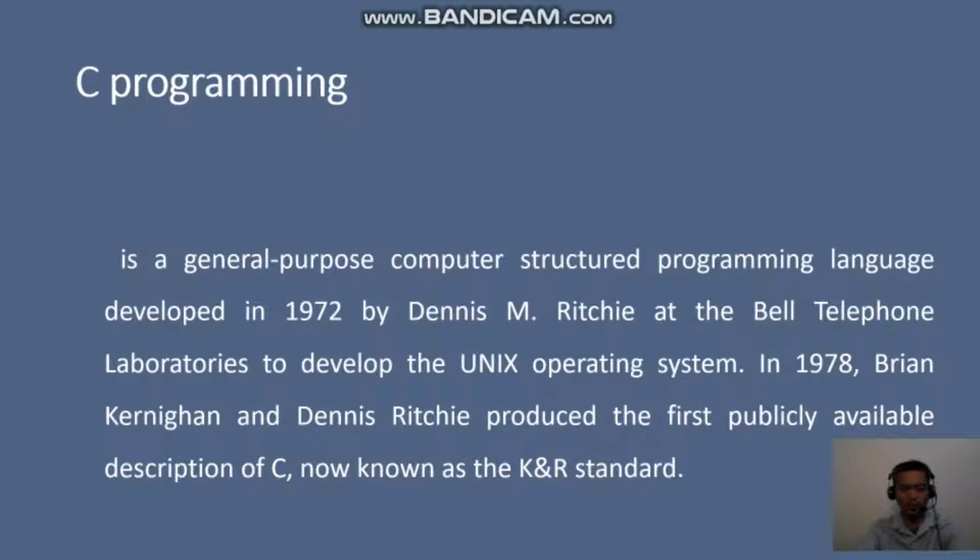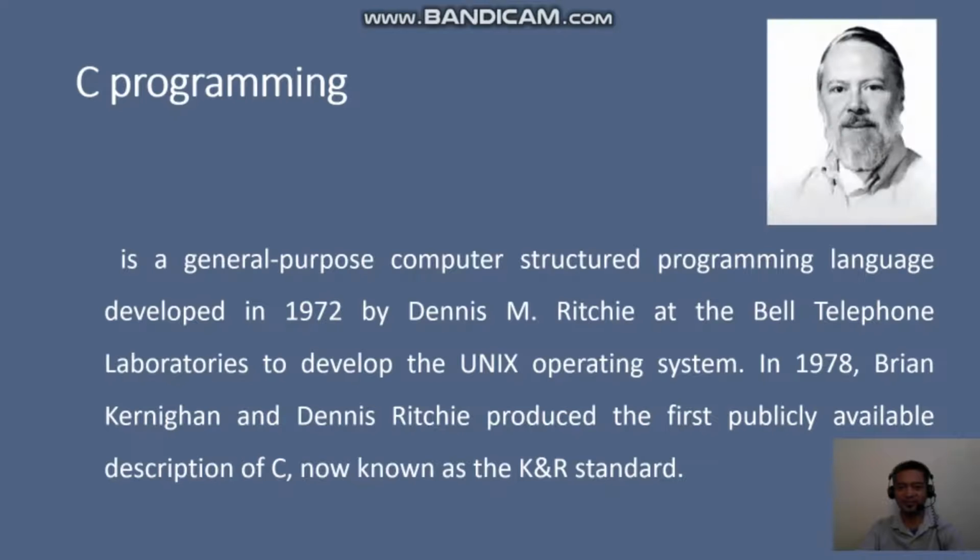Together with Brian Kernighan, Dennis Ritchie produced the first publicly available description of C, known as the K&R standard, way back in 1978. So that's the genius behind this C programming language, Dennis Ritchie.